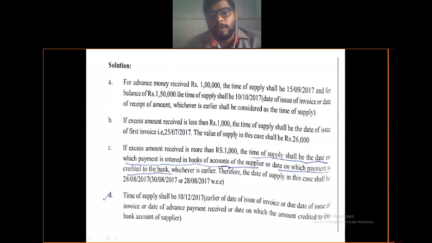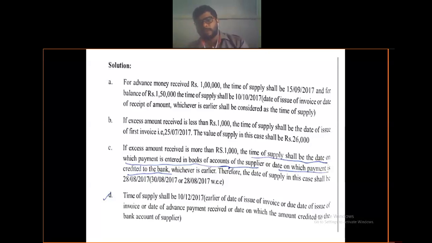You can see the solution for the first question. See, for advance money received rupees 1 lakh, the time of supply shall be 15/9/2017. And for the balance amount, what is the service amount? The value of service is 2,50,000. In that 2,50,000, 1 lakh is received as advance. So for that 1 lakh rupees, time of supply will be 15/9/2017.